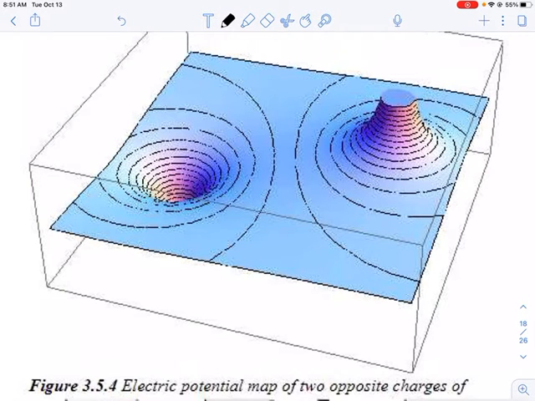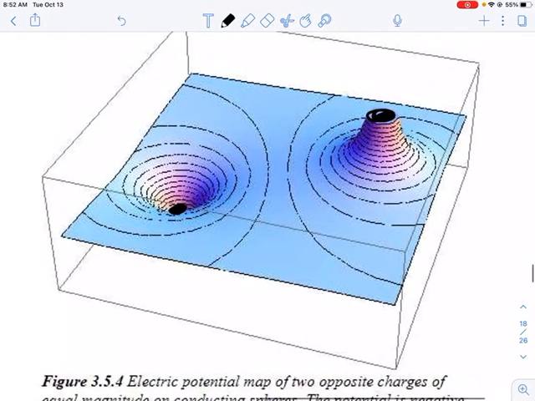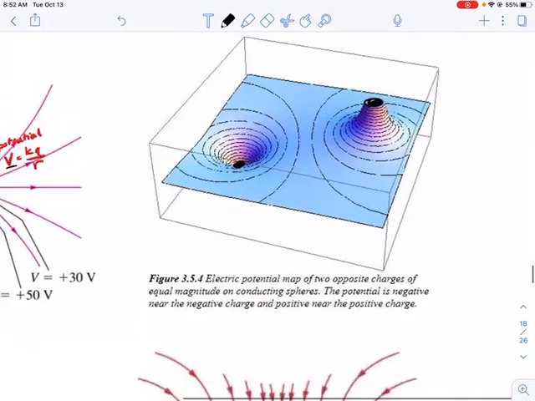The positive potential pokes up, and the negative potential is like a well. This is different than gravity. Gravity only goes in one direction. It's an attractive force. But electric potential can be positive or negative, and that's what we're trying to represent here.